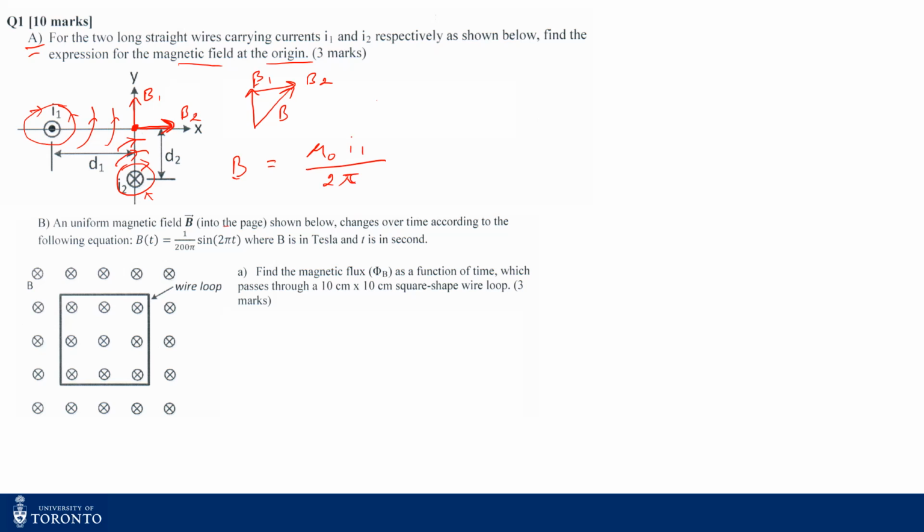The distance between the line current and the origin is d1, so I term this d1. And for I2, that's mu naught I2 divided by 2 pi d2 in the positive x-axis direction. So that's my expression for B.